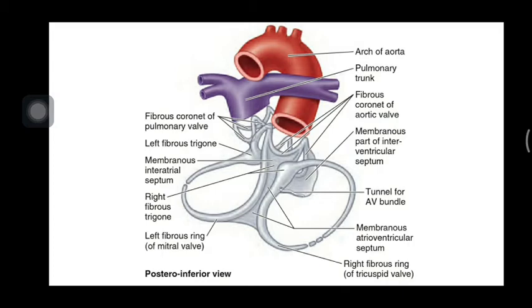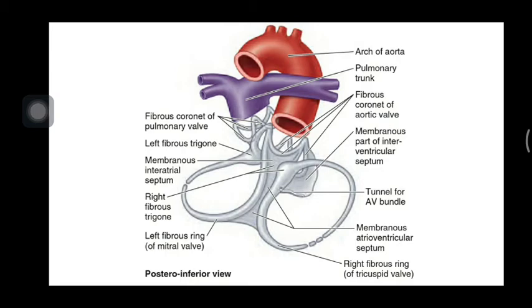Thus, the right fibrous trigone is sometimes called the central fibrous body, which is continuous ventrocaudally with the membranous part of the ventricular septum, that is over this region.